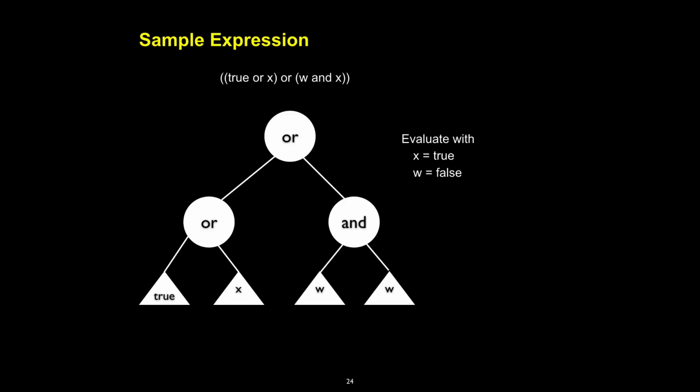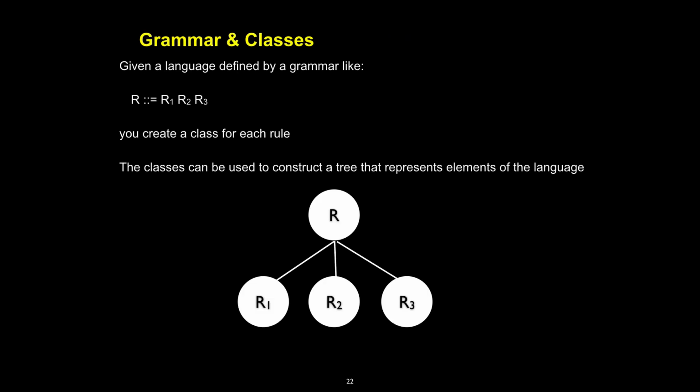So now we can come back and explain this, right? Each of our grammar rules we turn into a node, and each sub rule becomes a sub node, right? And then this node has to know how to evaluate itself given the results of those sub nodes.